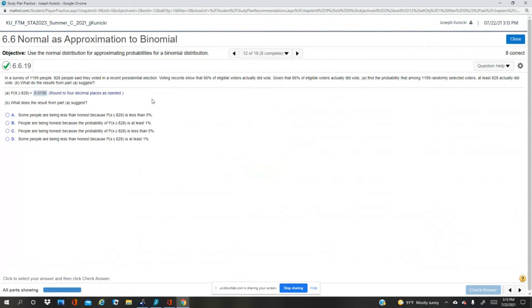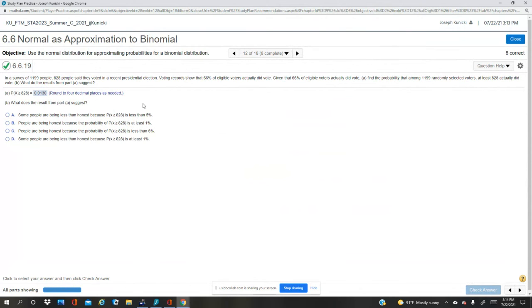What do the results suggest? Well, some people are being less than honest, because P of x is less than 5%. The probability is calculated.